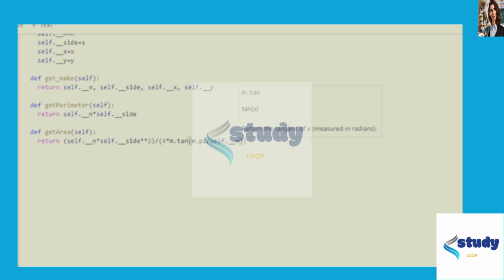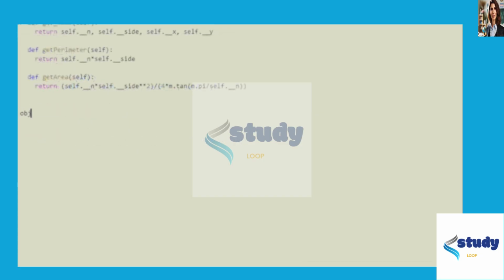So now we can call our class or instantiate our class by object 1. So defining object 1 as regular polygon with the default case, since we are not passing any value here, and printing the value as asked, the value of perimeter and area. So print perimeter of a regular polygon object 1.